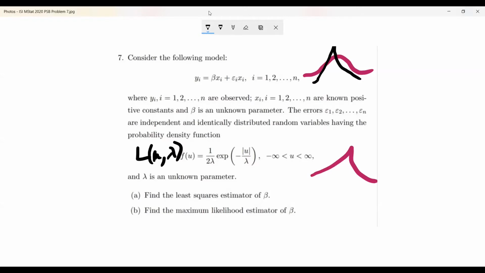So the essential problem is a linear regression problem, as I have told, since only one parameter is there. The problem tells you that you have y1, y2, ..., yn, and you have x1, x2, ..., xn. These x's are positive, as it's written over there. It's important. You will see why it's important in the later half of the solution.